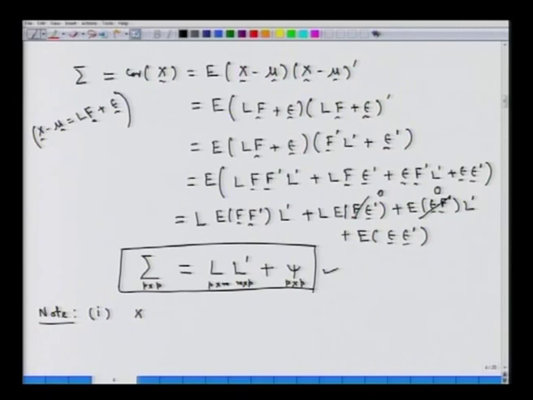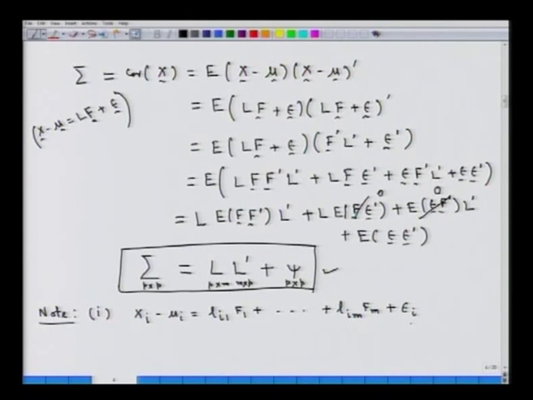We can look at the ith component here, so we will have xi minus mu i written in terms of the ith row: Li1 F1 plus Li2 F2 and so on. The last one will be Lim Fm, the mth common factor, plus epsilon i. So here epsilon i is the ith specific factor, specific to the ith variable.